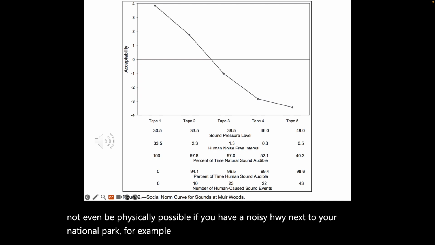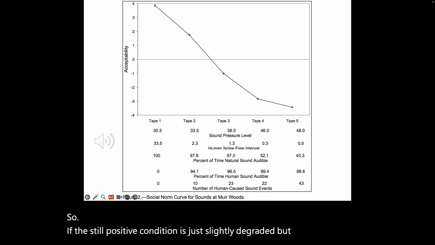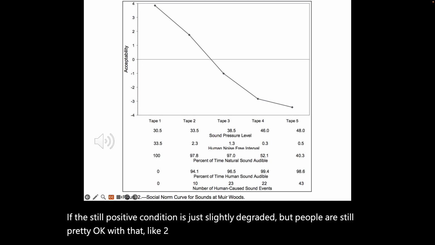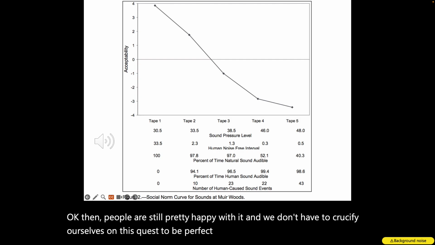So, if the still positive condition is just slightly degraded, but people are still pretty okay with that, like 2, 3 plus on this scale of -4 to +4, okay, then people are still pretty happy with it, and we don't have to crucify ourselves on this quest to be perfect, because that may not, again, be even possible, okay?